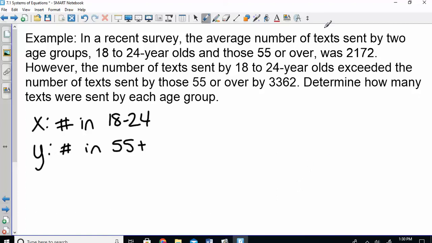So now we have to write our equations. It says the average. How do you find an average? So if I add these and divide by 2, the average was 2,172.